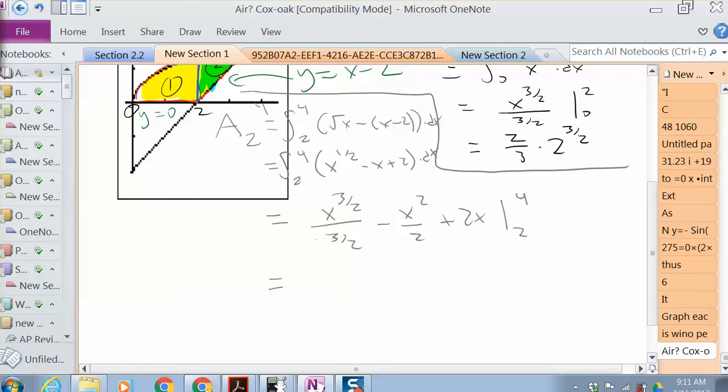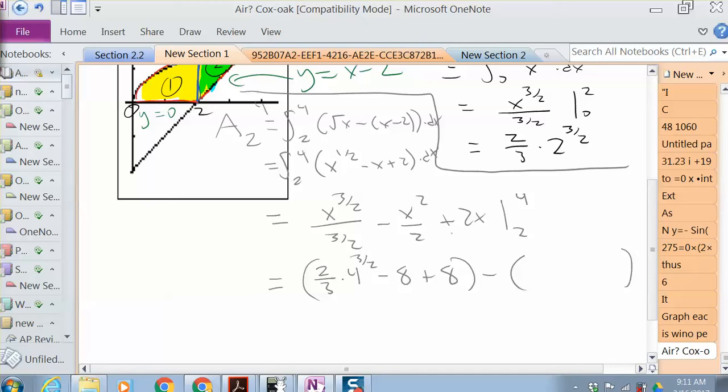Now we have to be really careful with how we do this. If I plug the 4 in, remember that's 2/3 times 4 raised to the 3/2 minus 8 plus 8. Remember, I'm just plugging 4 in, right? 4 squared is 16, divided by 2 is 8. 2 times 4 is also 8, but one's negative, one's positive.